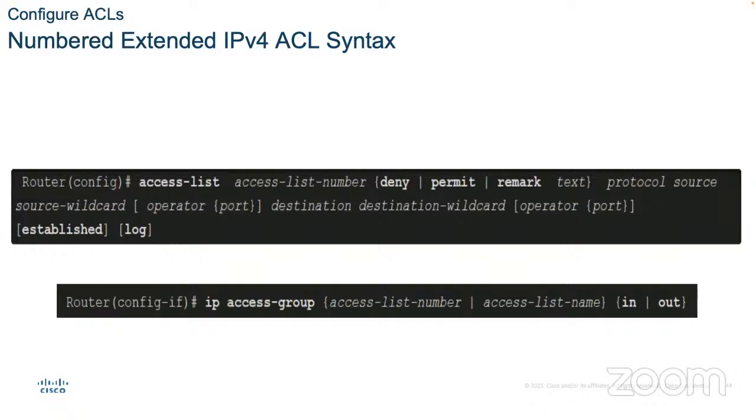Making extended ACLs is the same. When it is first configured and activated on an interface, you'll have more complex things to do. This first example is creating a numbered extended ACL.